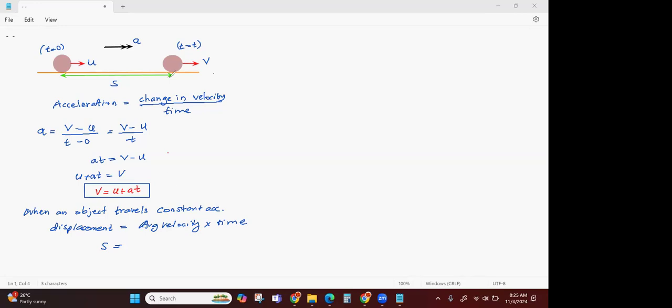So average velocity, we can see within this time t, the velocity is changed from u to v, right? So within this time t, the average value will be u plus v. Since two values, we have to divide by 2. That's the average. Okay. u plus v divided by 2. And this one should multiply with the time.